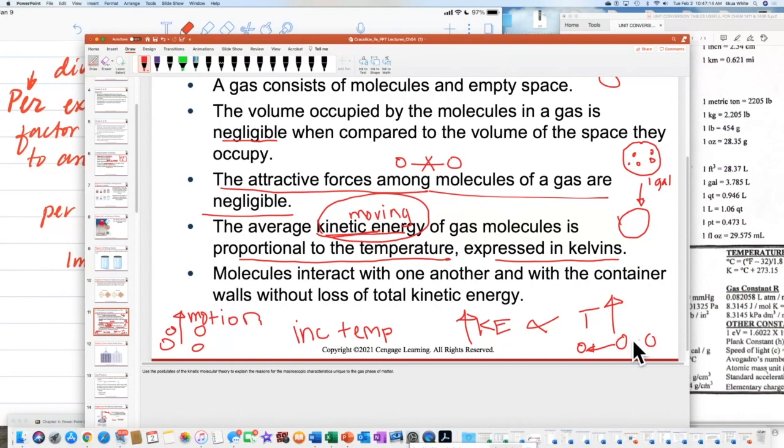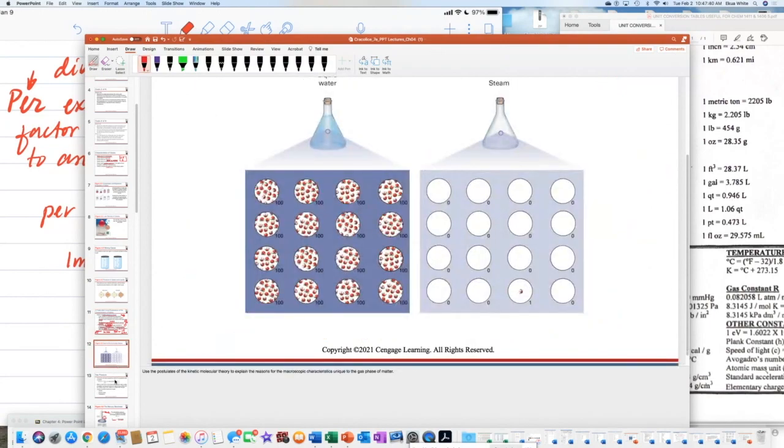When the balls hit each other, sometimes one of them stops moving. But the way the molecules of gas work here, when one hits the other, they both keep going. They don't slow down for anything. So when they bump into each other, when they interact, and with the container, they do not lose kinetic energy. They don't lose momentum. They keep going and they keep moving very fast. Okay?